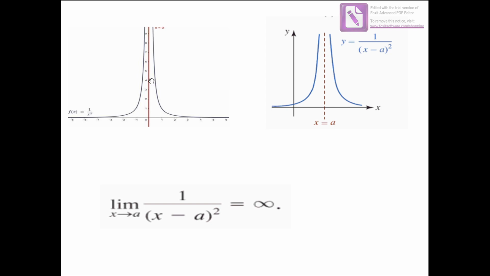The limit when x approaches 0 from both sides goes to infinity, and for this one the limit when x approaches a from both sides goes to infinity. So we conclude the limit of 1 over (x minus a) squared when x approaches a goes to infinity. Since it is the same function shifted to the right by a units, it will have the same result when x approaches a.